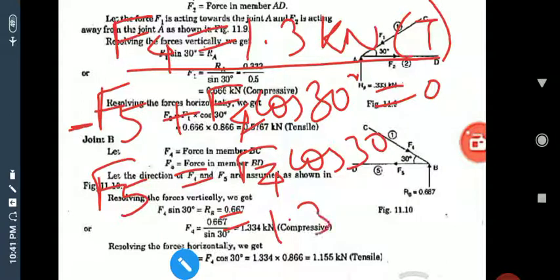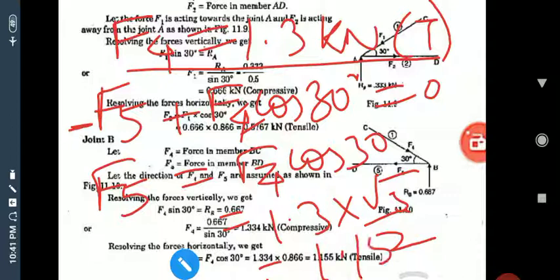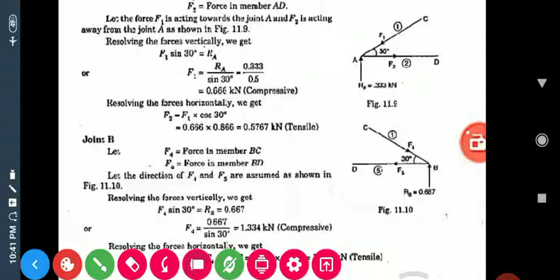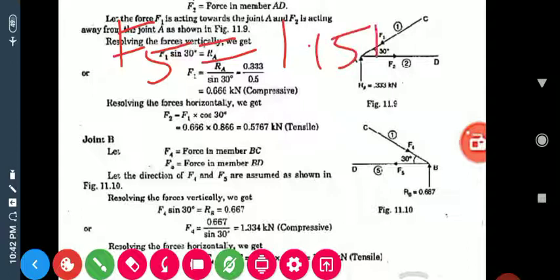F4 is 1.3, cos 30 is root 3 by 2 again, so the value obtained is 1.15 kilonewton. So the value of F5 obtained is 1.15 kilonewton. Again it is a positive sign, so it is tensile in nature.